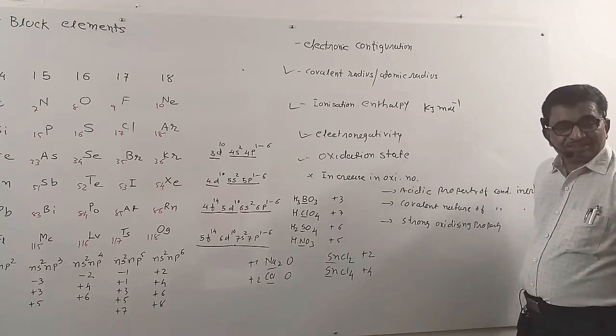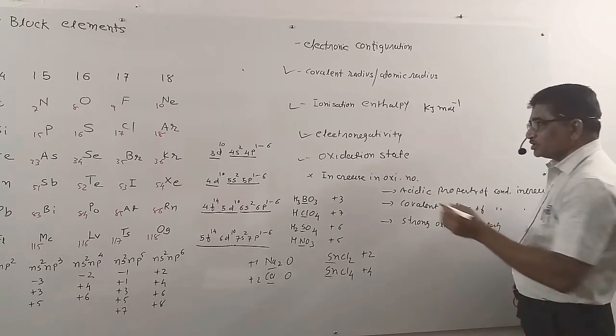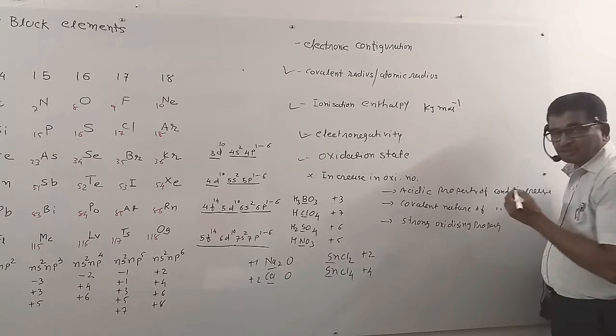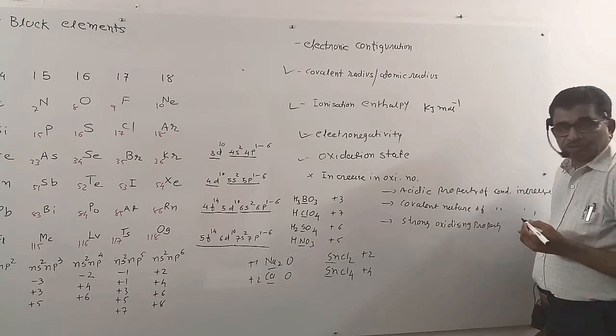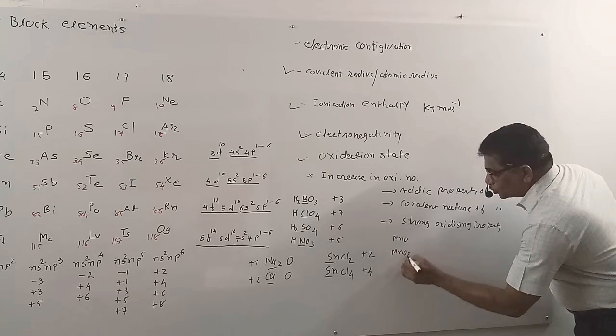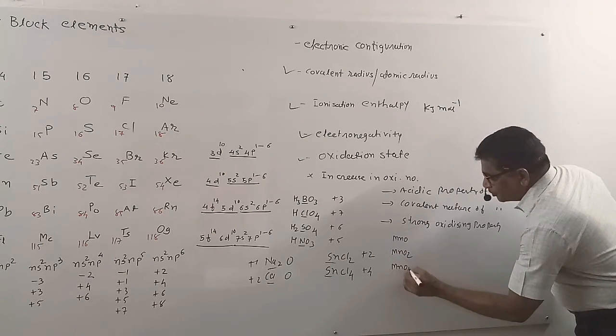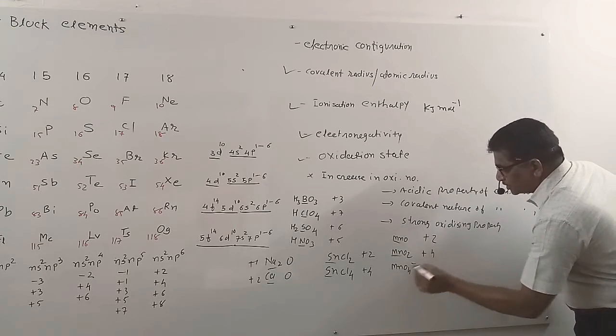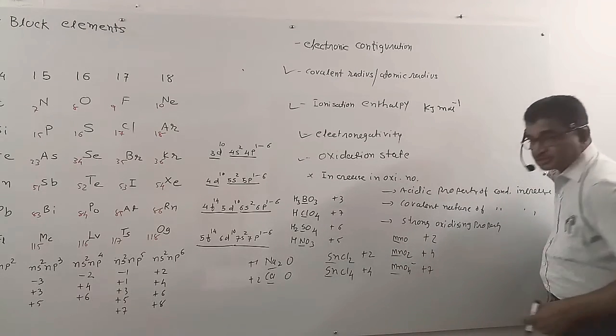If in any compound the oxidation number increases, it has strong oxidizing property. You know that MnO, MnO2, MnO4 have manganese at +2, here +4 and here +7 oxidation state.